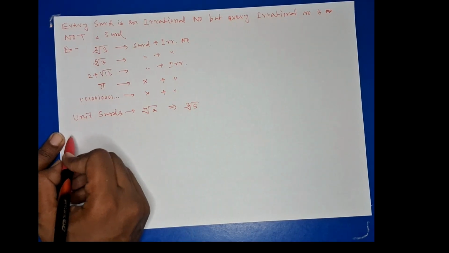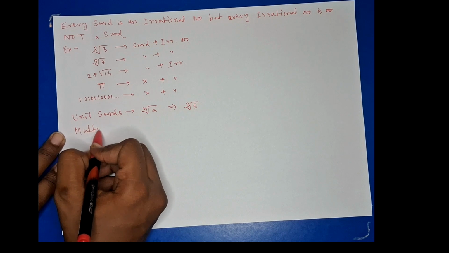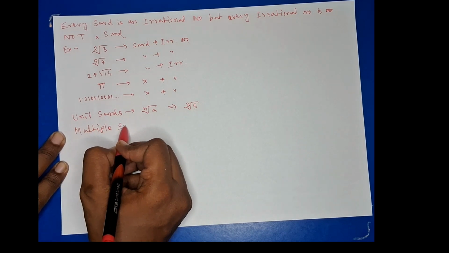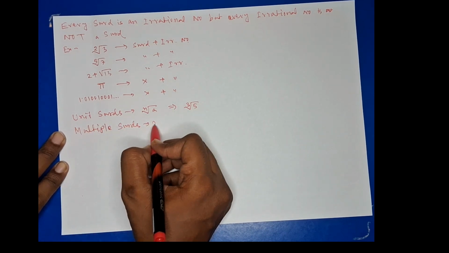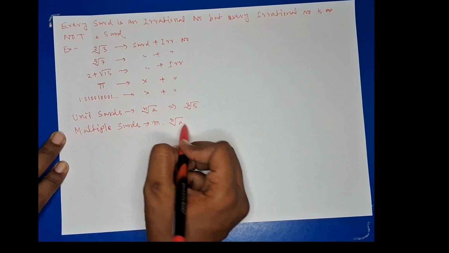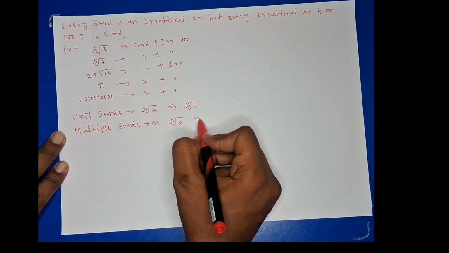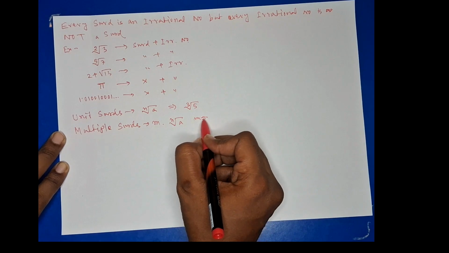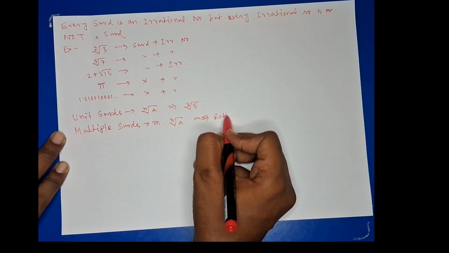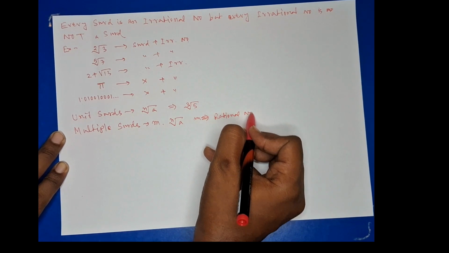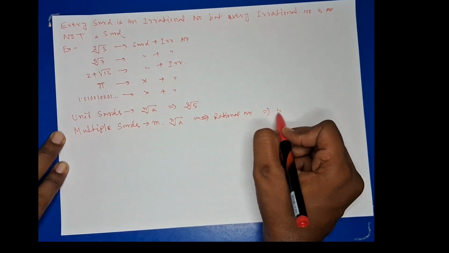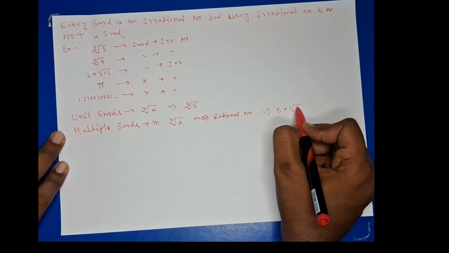Multiple surds: m into nth root of a, where m is a rational number. Example, 5 into root 3.